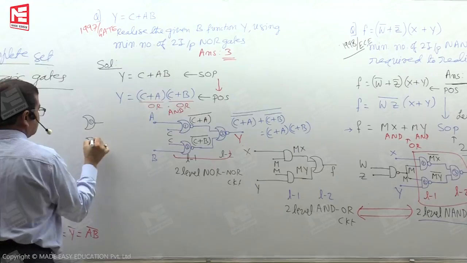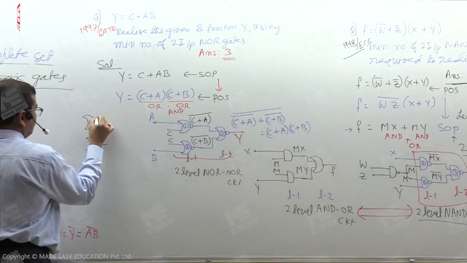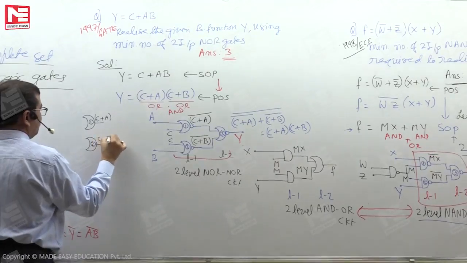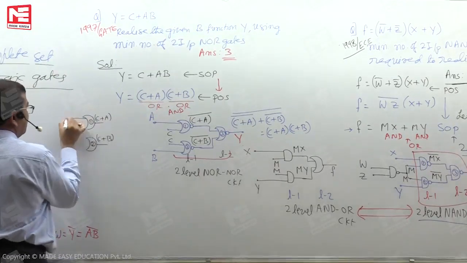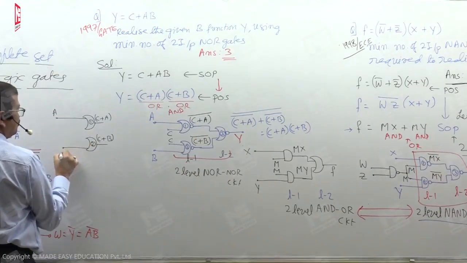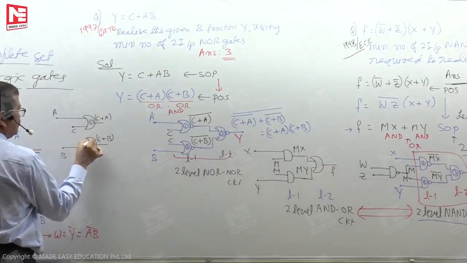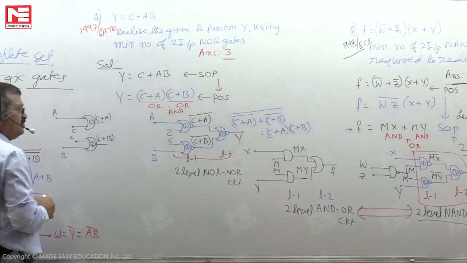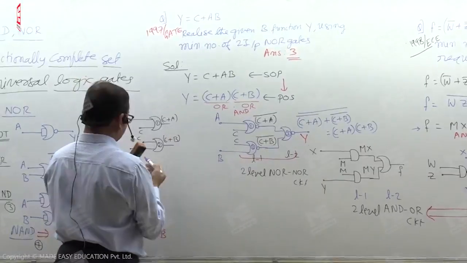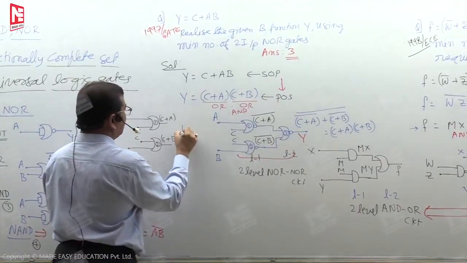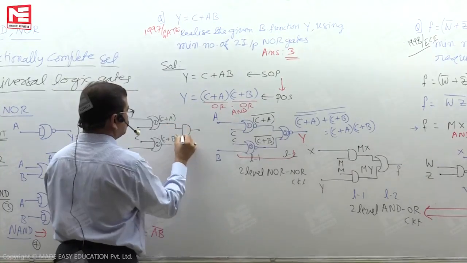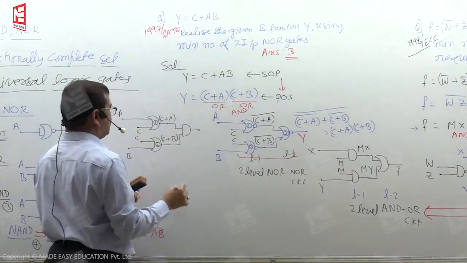If we name it gate 1 and gate 2, here we need the C OR A term as a result, and here we need the C OR B term as a result. Hence this is A, this is B, and this is C, this is C. At level 2, we need an AND gate, because we need an AND operation among these 2 sum terms.